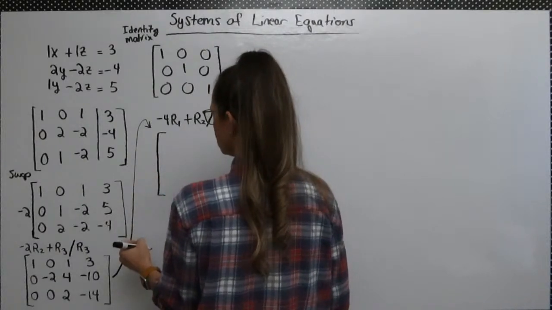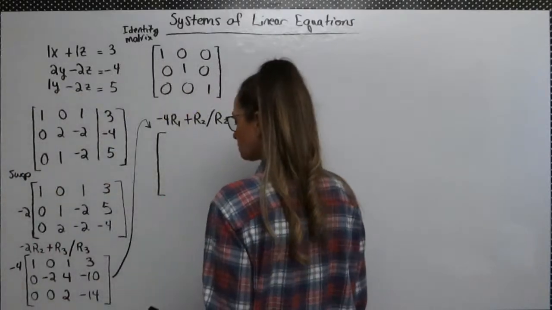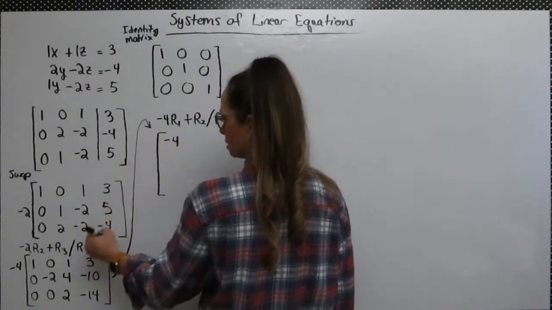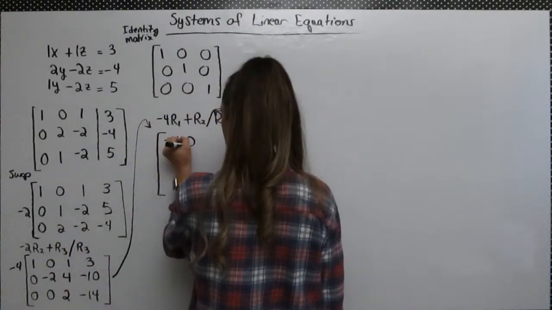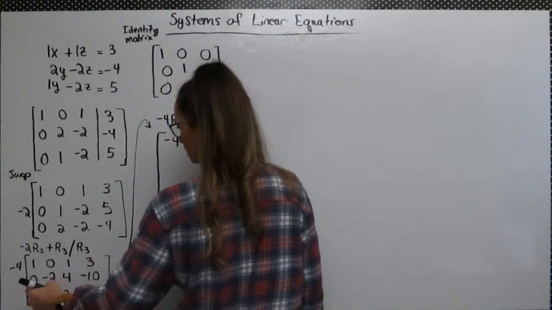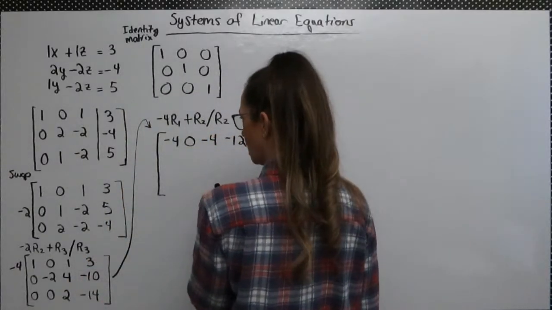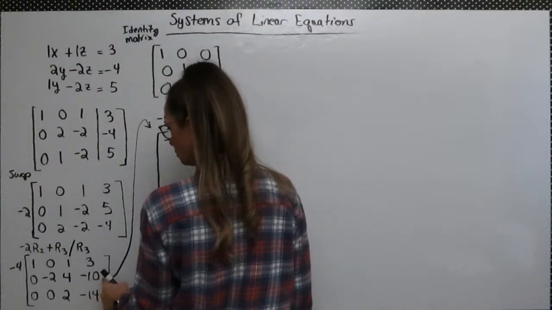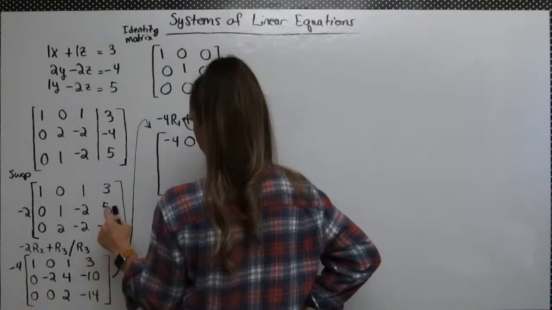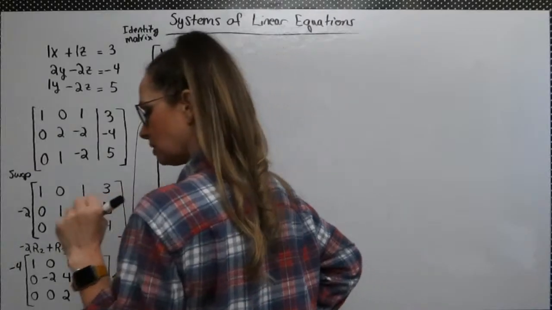All right, so I'm going to multiply -4 times row 1. And so that's going to be -4 times 1 is -4. -4 times 0 is 0. -4 times 1 is -4. -4 times 3 is -12. And we have row 2. We're going to add, so let's just do it now. Hang on a second, do I really do that?